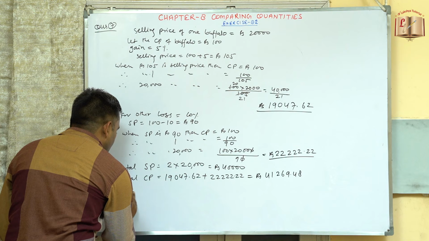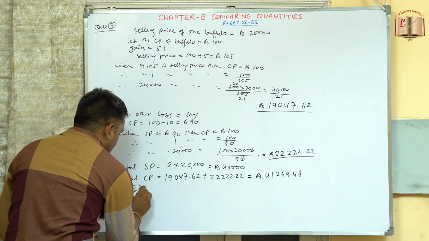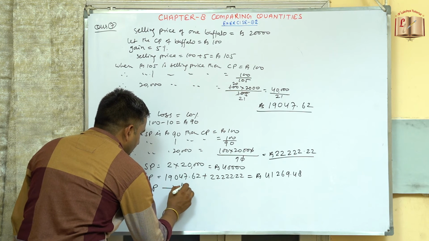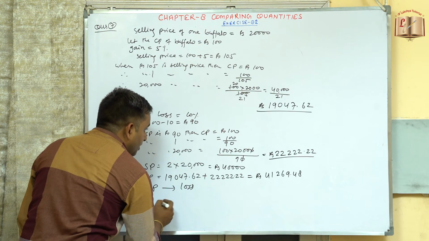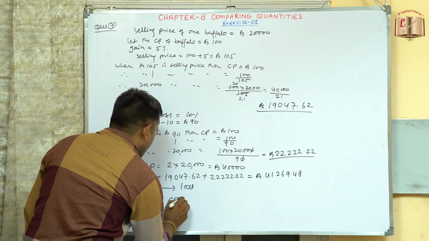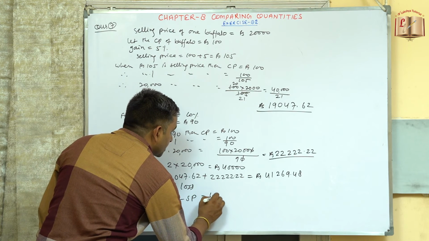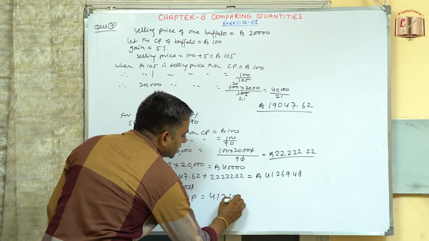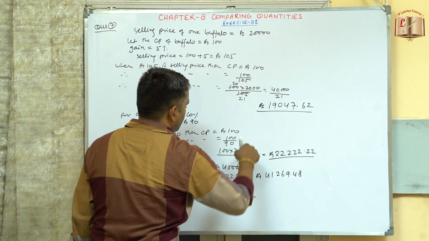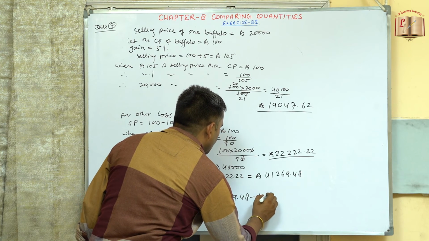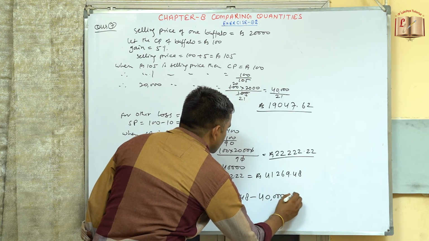Since the CP is greater than SP, it is leading to loss. So we will find out the loss. Loss will be equals to CP minus SP. So this is 41,269.48 minus the SP, which is 40,000.